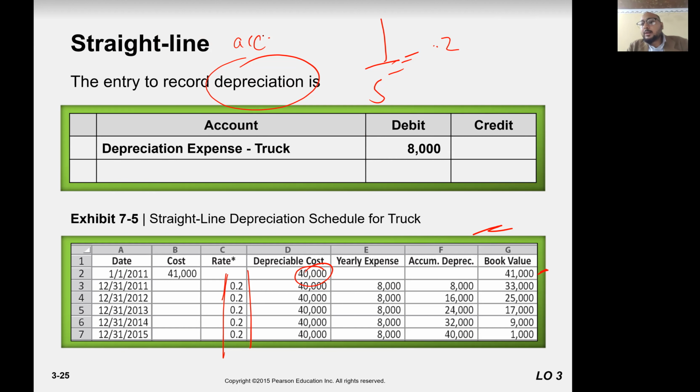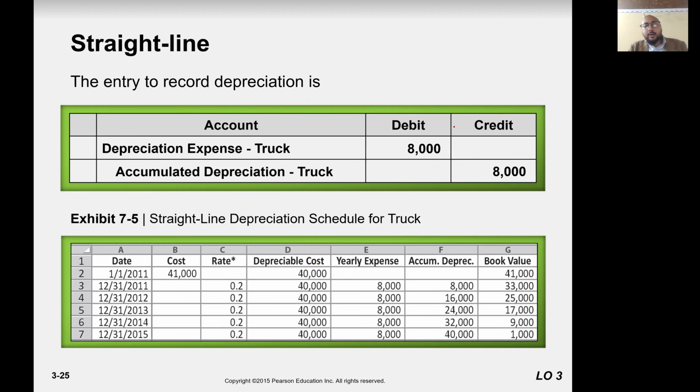All right. Why we set up this account? Because we want to know how much in total the value has been depreciated. All right. So we make accumulated depreciation, and that accumulated depreciation will go to balance sheet, and this will go to income statement.